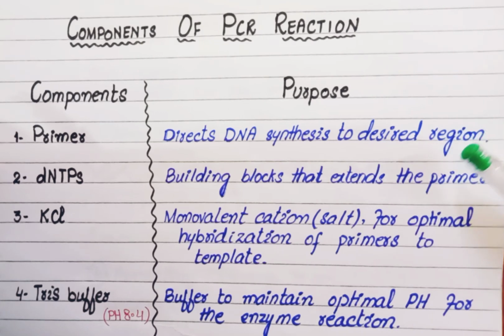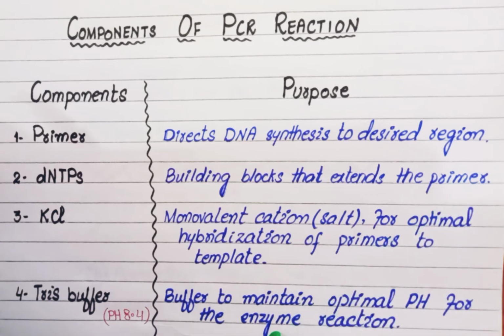And we have two types of primers, either forward primers or reverse primers. Second we have dNTPs, or adenine, guanine, cytosine and thymine. These are basically the building blocks that extend the primer.